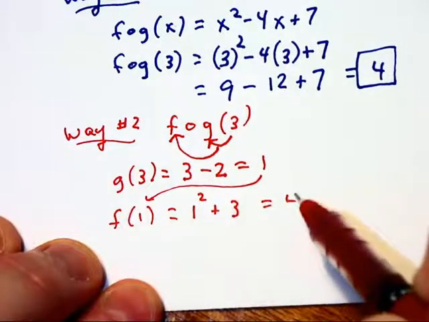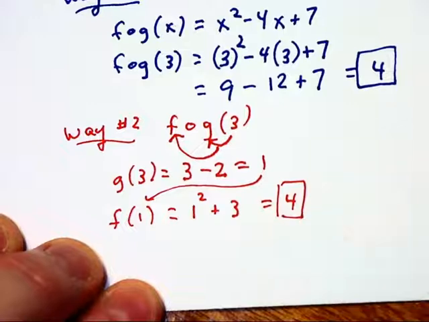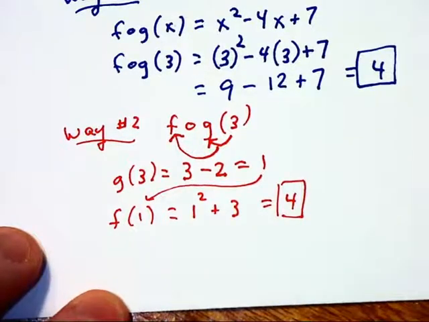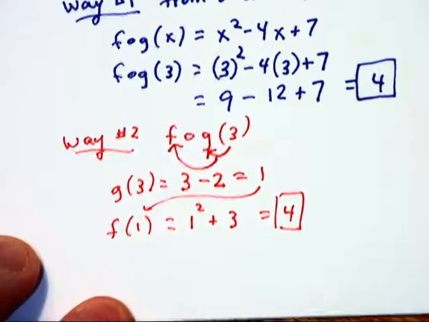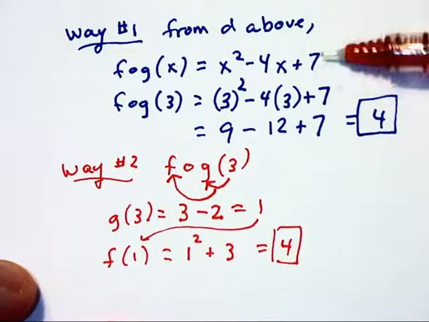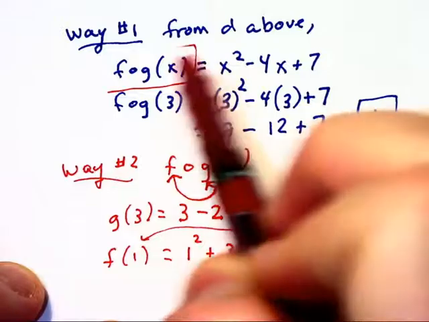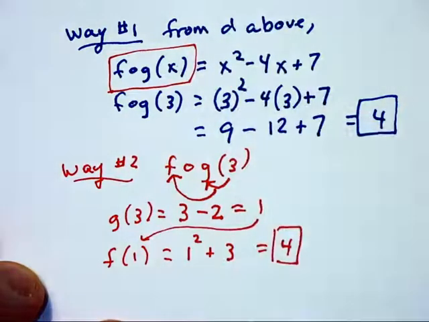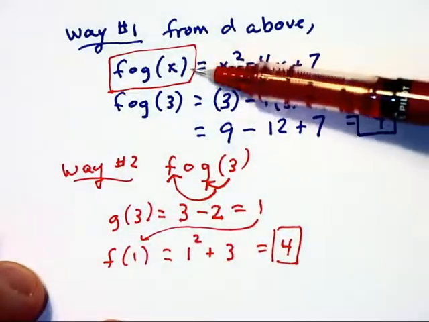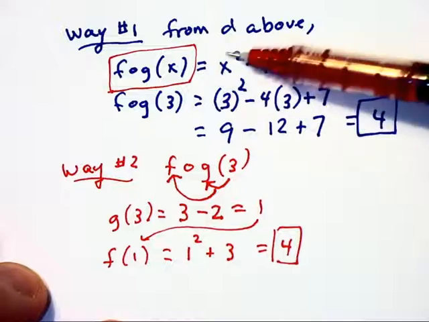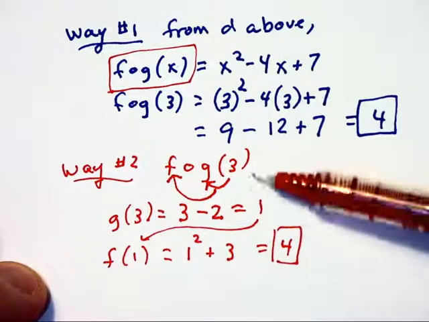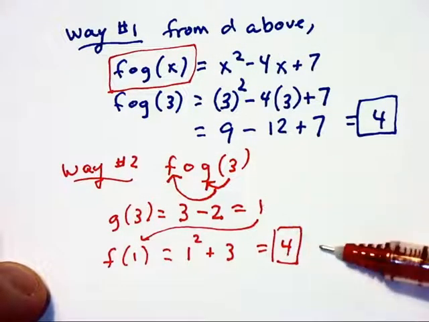We then have 4. Now that's a two-step process, but the value of that is you can do it directly, whereas up above you had to have already known what f composite g of x was. So I say the following: if you already have the f composite g, use that approach. If you don't have it, use this two-step approach.